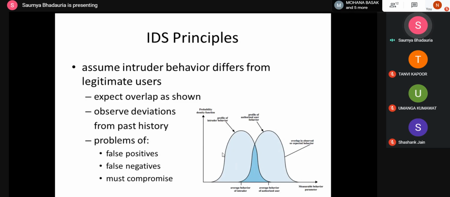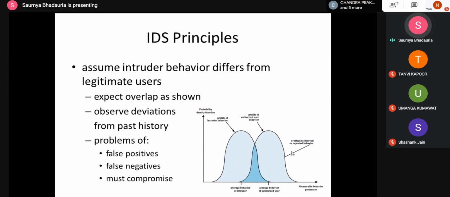What do we want? Ideally, we want any IDS to have a very high detection rate, which means that the ratio of detected attacks to total attacks is much higher, while I try to minimize the cases of false positives.